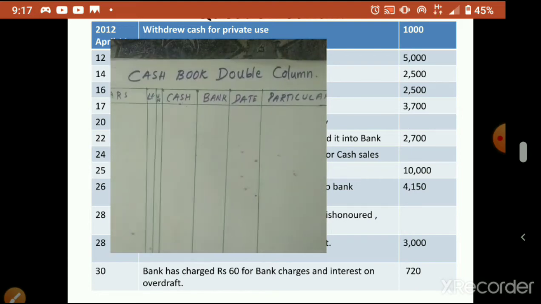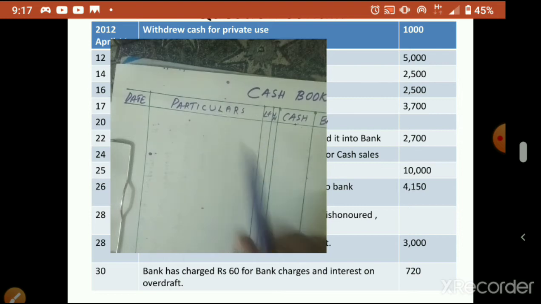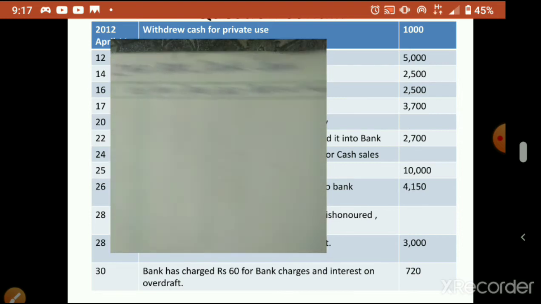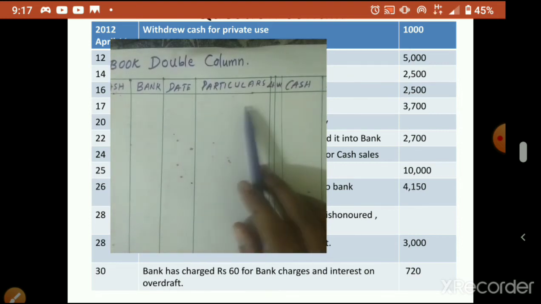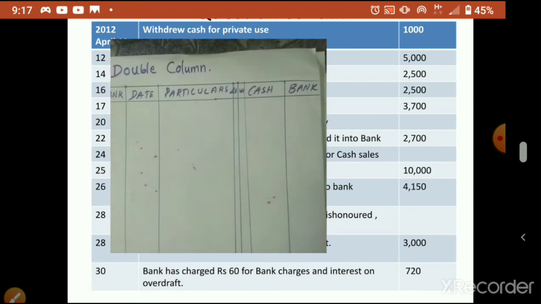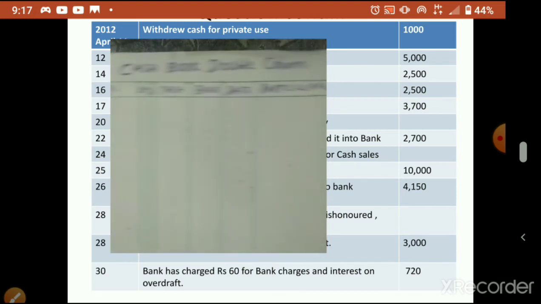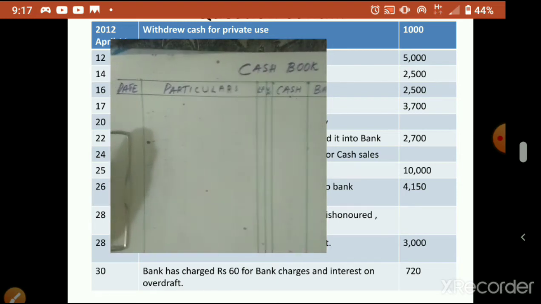So this one you remember, this is the increasing side, this side will increase always and this side will decrease. So when your cash is going out or from bank money is going out, you have to write on the credit side. This way easily you can remember. Now date wise you have to record.